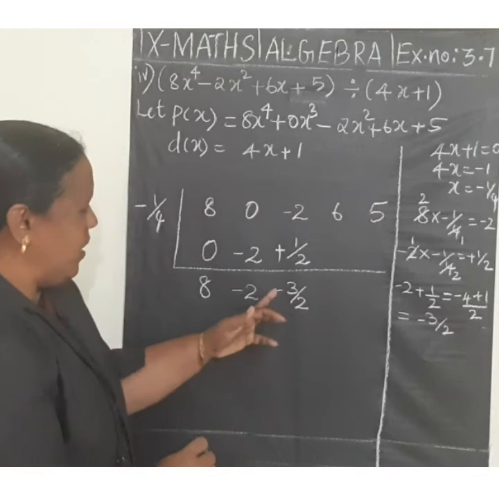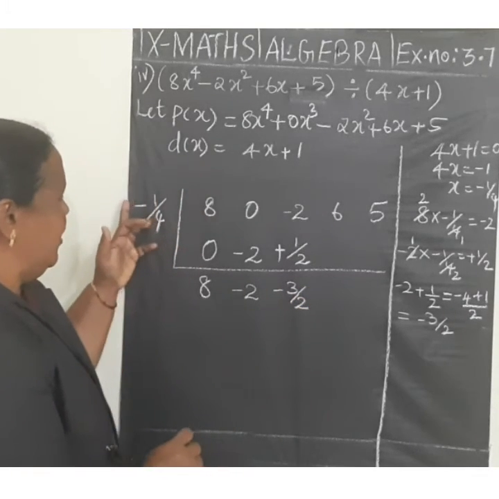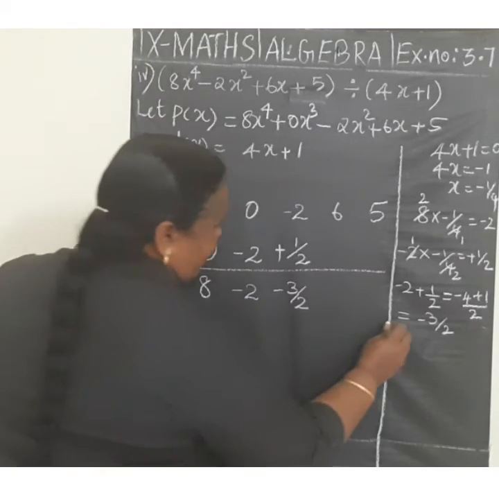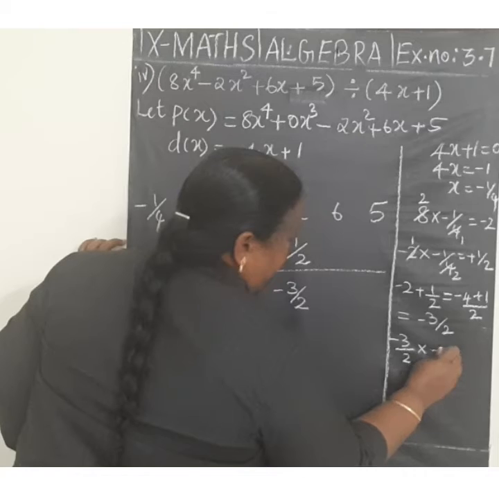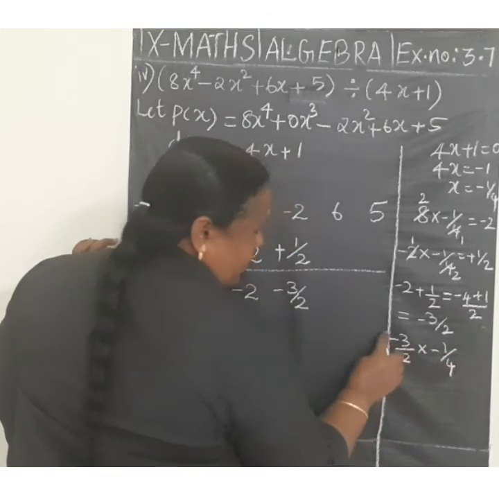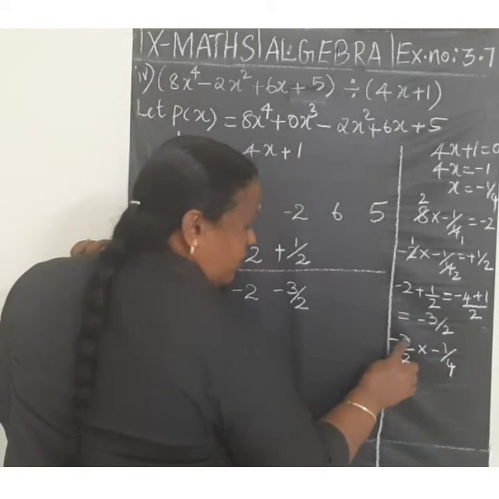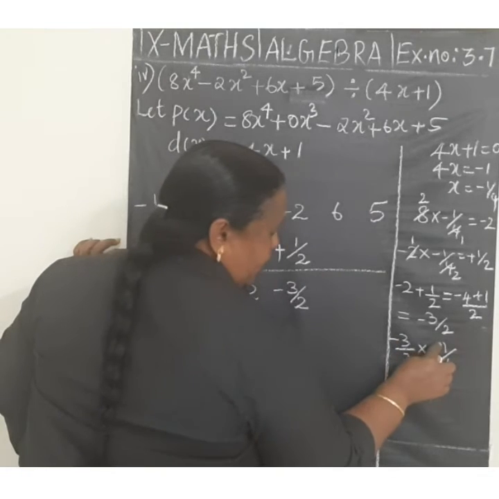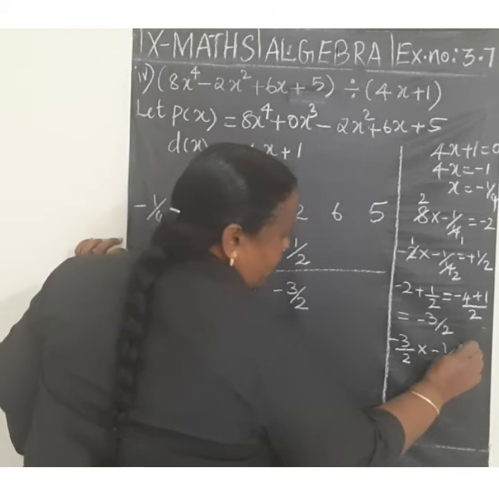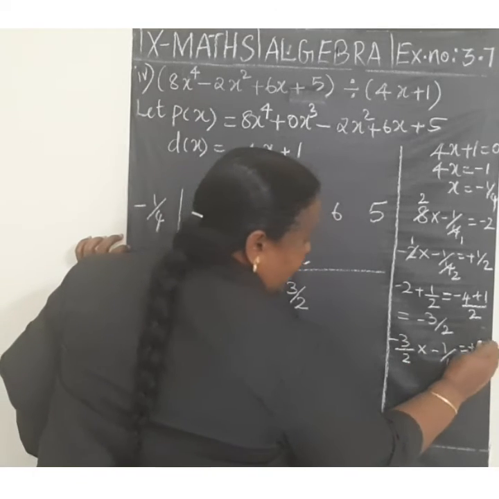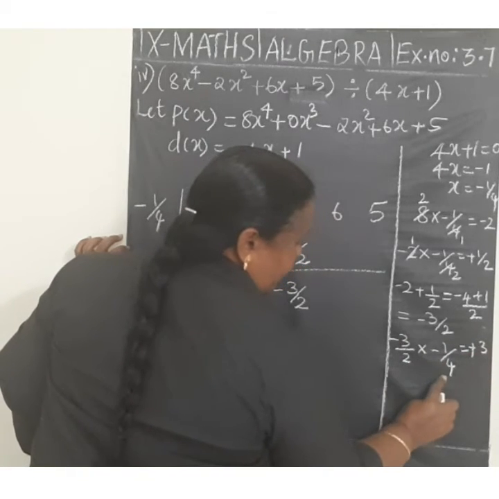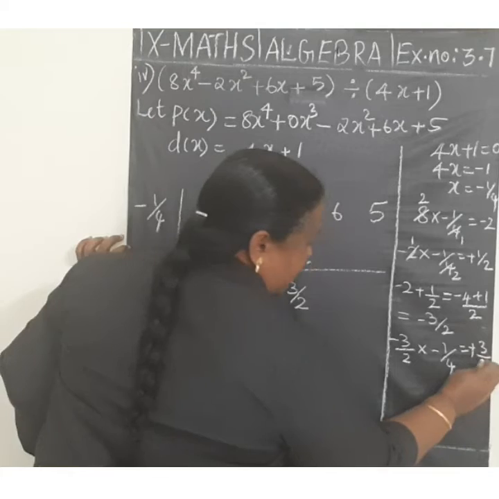Next we have to multiply this minus 3 by 2 into minus 1 by 4. Here we can't cancel, so we multiply directly, numerator into numerator, denominator into denominator. So minus into minus is plus, 3 1s are 3, 2 4s are 8.